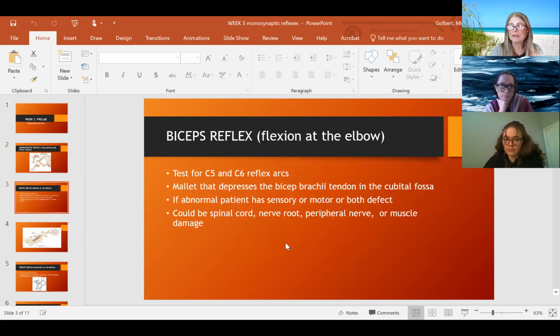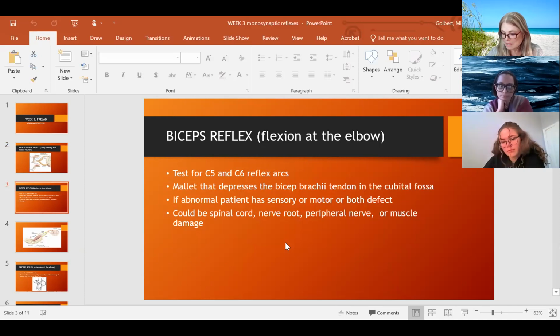So the one that you're going to do for the lab is different types of reflexes. One is the biceps reflex. So this will be the typical flexing of the biceps. And what it's testing is for activity in the cervical region. C5 and C6 means cervical 5 and 6 vertebrae, right?